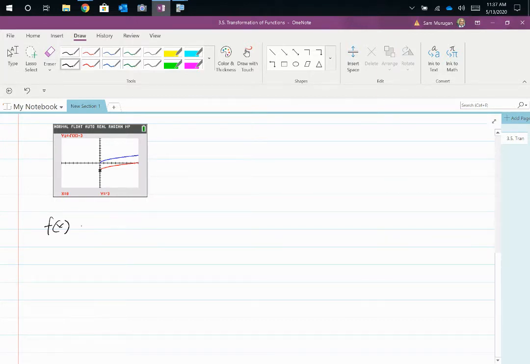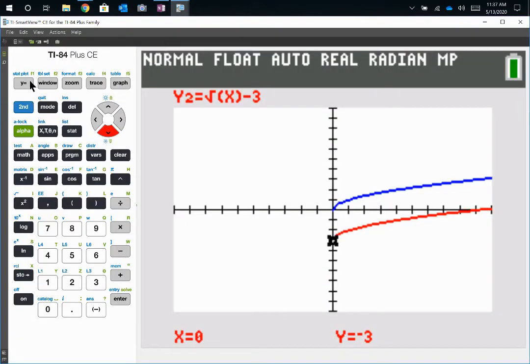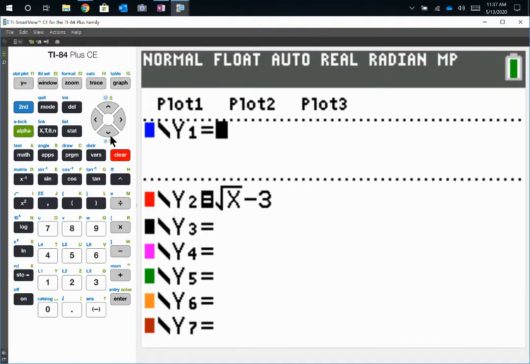f of x equals 1 over x plus 5 is the reciprocal function up 5 units. I just want to make sure that I show you how to graph these, because there's specific ways of doing it.